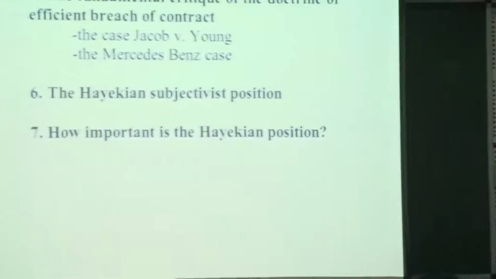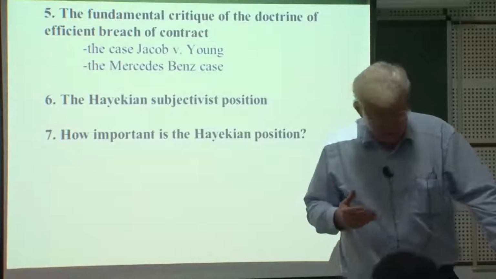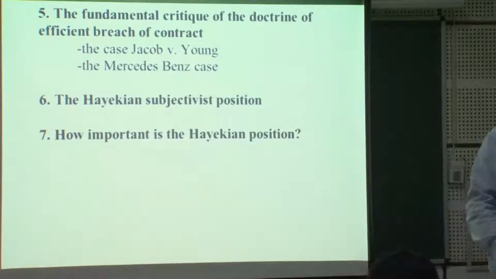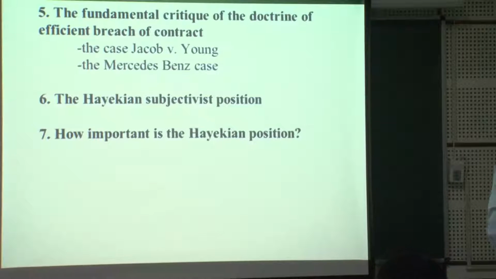Okay, now, however, this has been criticized. So there was a fundamental critique of this, because there are those, and law and economics scholars are split on this point. They do not agree on this point, and there has been a series of very polemic articles on this, namely the following.